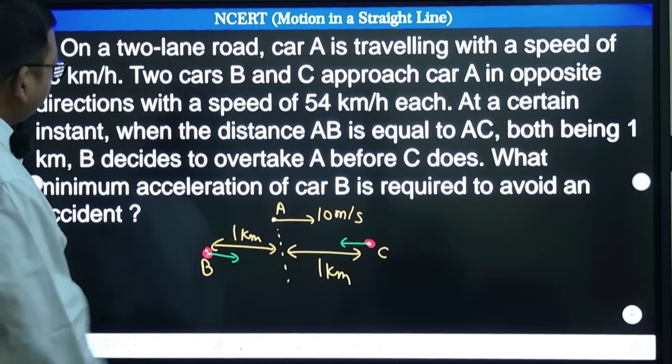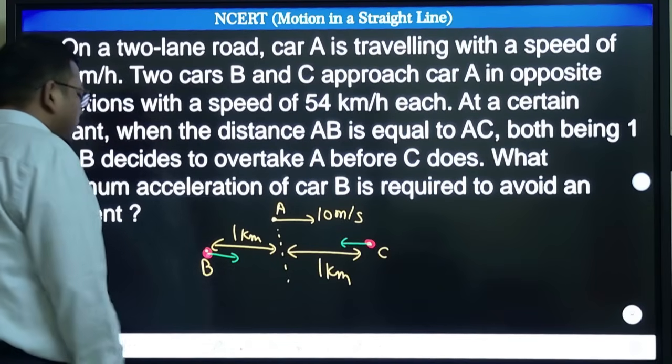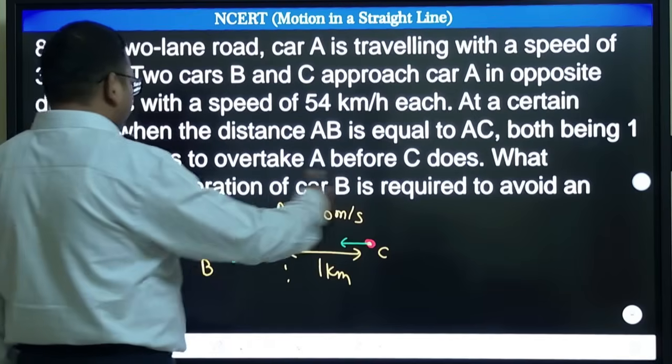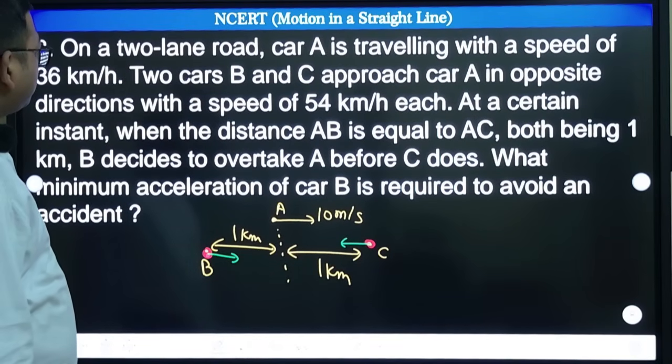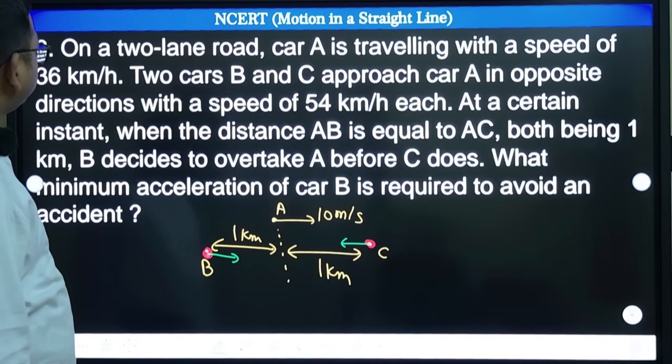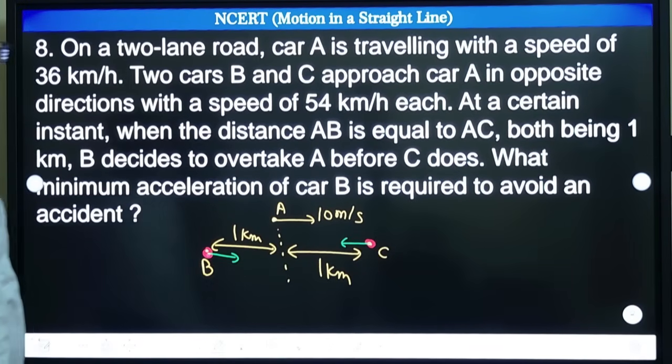B and C are approaching car A in opposite direction. So is it that B is that side? Yes. Distance of AB is equal to AC. Both being 1 kilometer, B decides to overtake A before C does. What minimum acceleration car B required to avoid an accident?